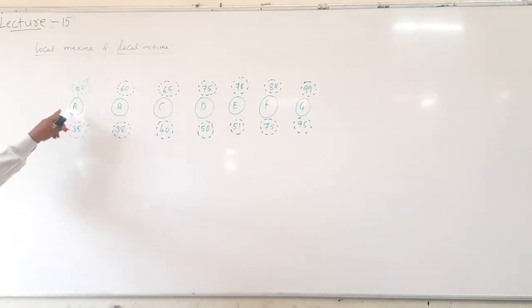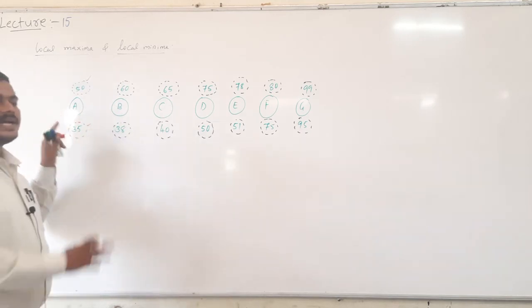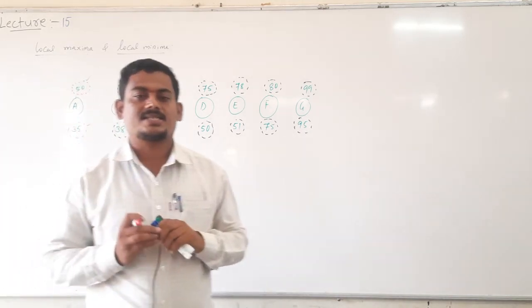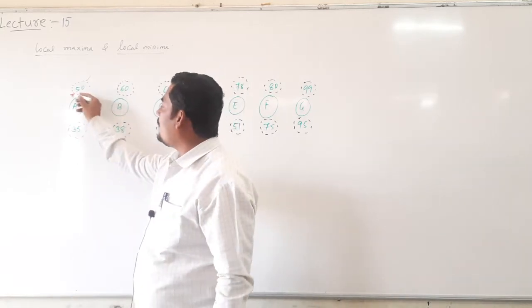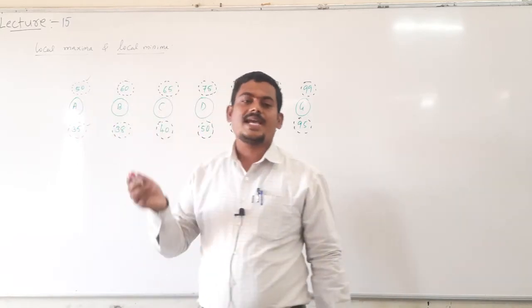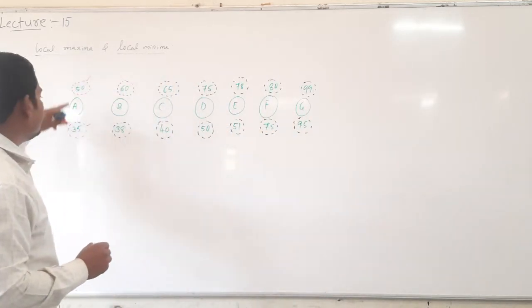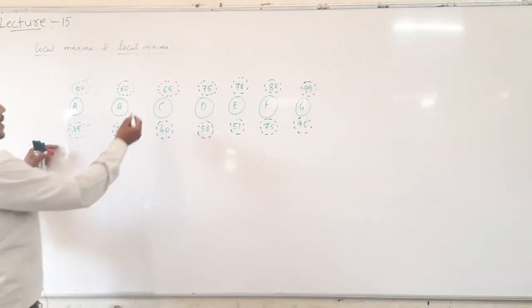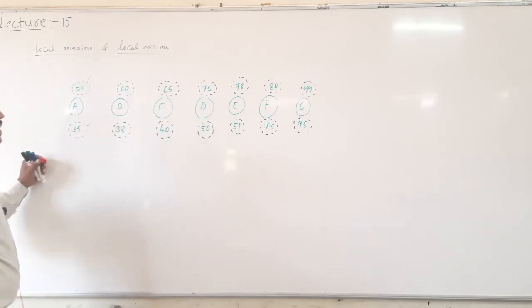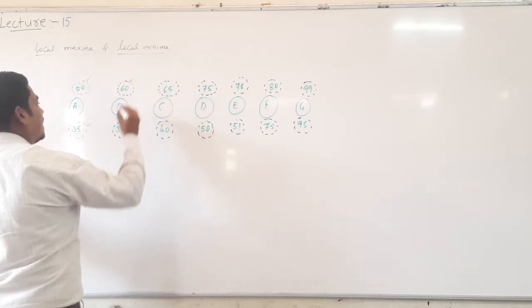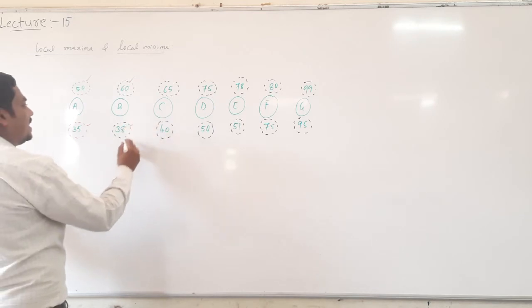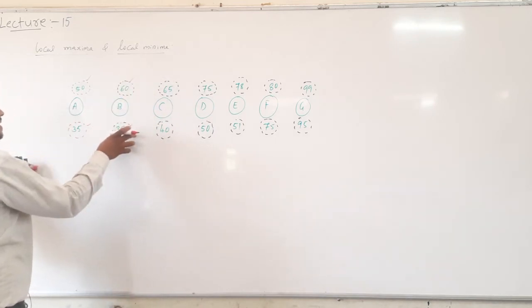Local maximum when compared to the neighborhood of A. Don't compare with other sections. When compared to neighbors of A section, this is the highest result and this is the lowest result. When compared to interval B, highest 60, lowest 38, this is maximum and this is minimum.